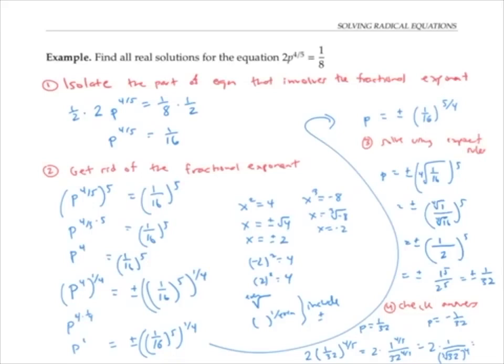Raise that to the 4th power, I get 16. So this is 2 times 1/16, which is 1/8, just as we wanted in the original equation up here.